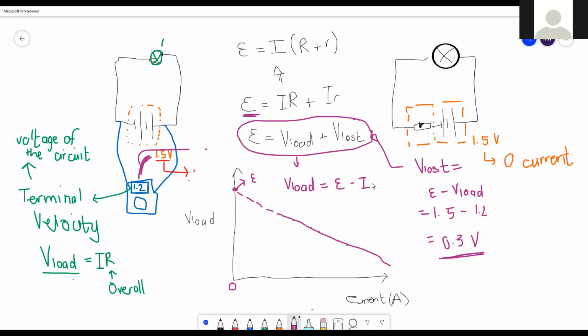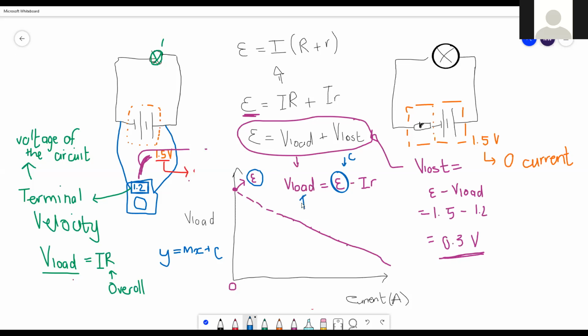And then we all know from this graph now, this value is equal to that value, which is on your y-axis. So if you think about the normal y equals mx plus c equation, this is our c value.